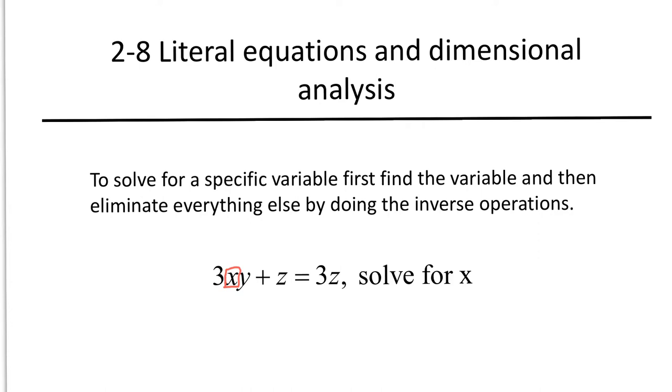We need to get this z to the other side, and we need to get the 3 and the y next to the x to the other side of the equation. So that's the goal for today. We want to solve for a specific variable in any equation. The equation can look different every time, but we need to get that variable that we want to solve for by itself.